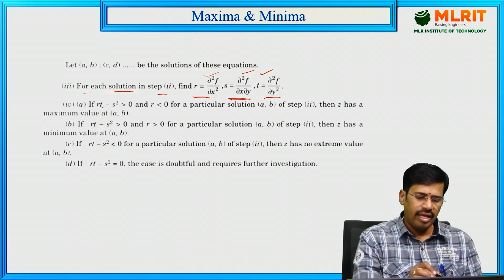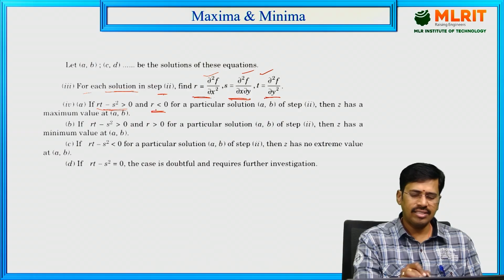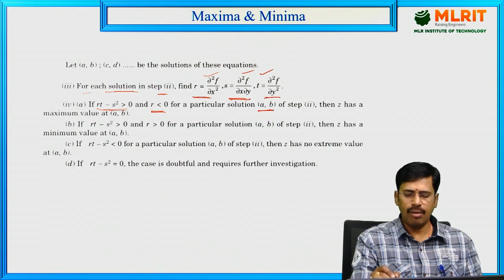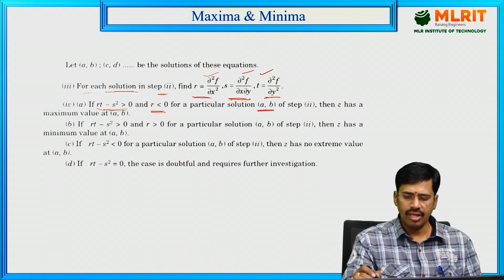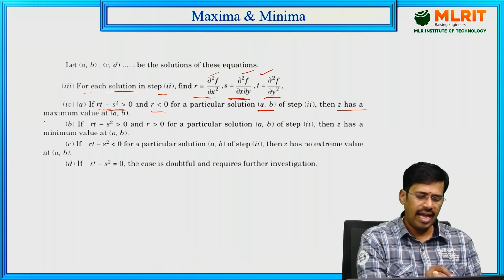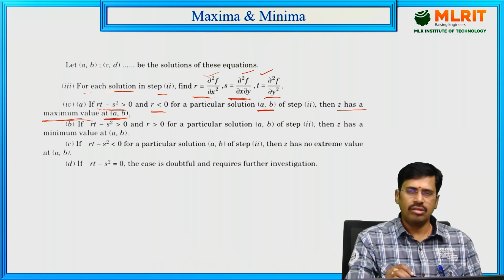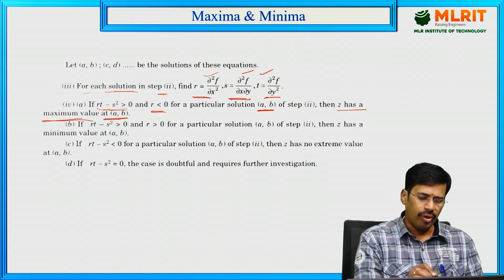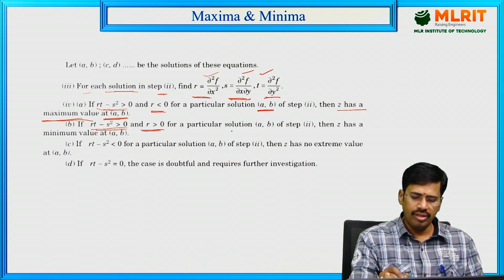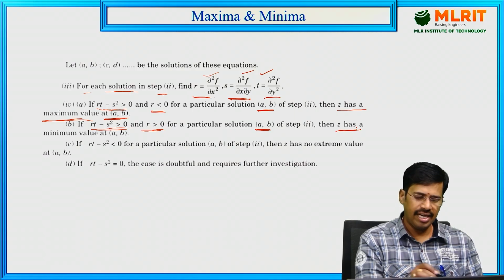Now if rt minus s square is greater than 0 and r is less than 0 at any particular point, say a comma b, then the function has maximum value at this point a comma b. Second, if rt minus s square is greater than 0 and r is also greater than 0, then at this point a comma b, the function z has minimum value.